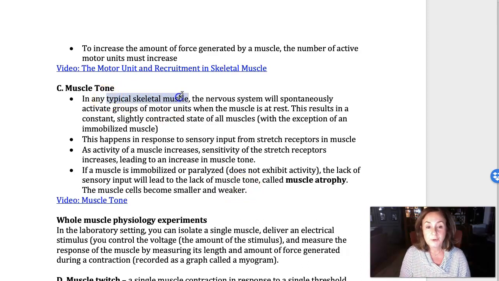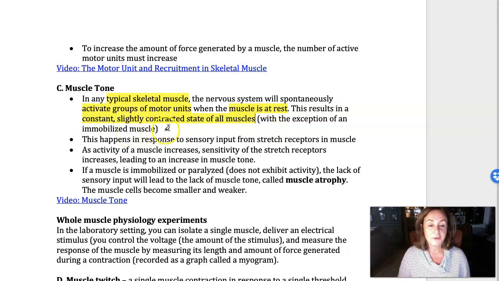So in any typical skeletal muscle, the nervous system will spontaneously activate some motor units while that muscle's at rest. So even when your muscle's completely at rest, it's not like all the motor units are just completely on vacation. There's going to be some electrical activity causing some contraction. And that's what muscle tone is. So it's this constant, slightly contracted state of all muscles, with the exception of an immobilized muscle.